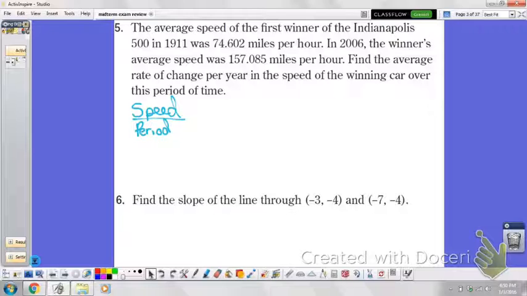Well, we are given a couple points. We were given a year and a speed. So we have 1911 and 74.602.